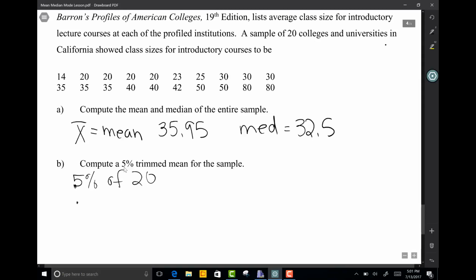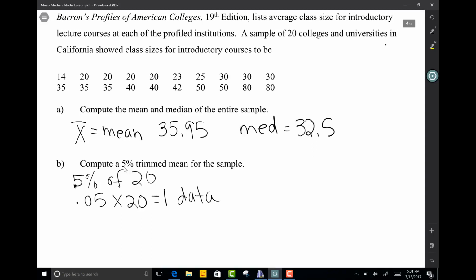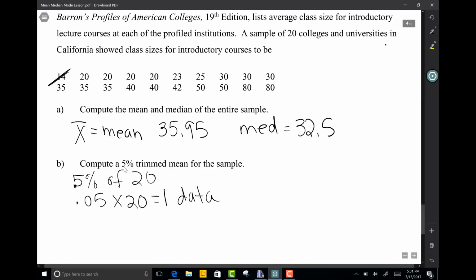And to do that, I change 5% into a decimal times 20. If I take 0.05 times 20, that gives me 1. So that means I'm going to take one data value from the lowest value and one from the highest value. So that means we're going to knock off this 14 and this 80.